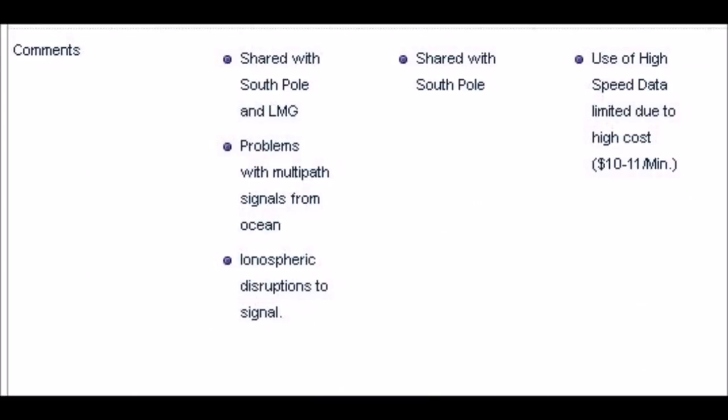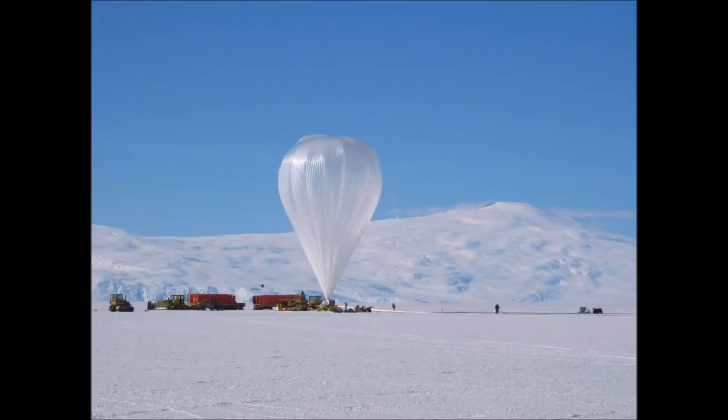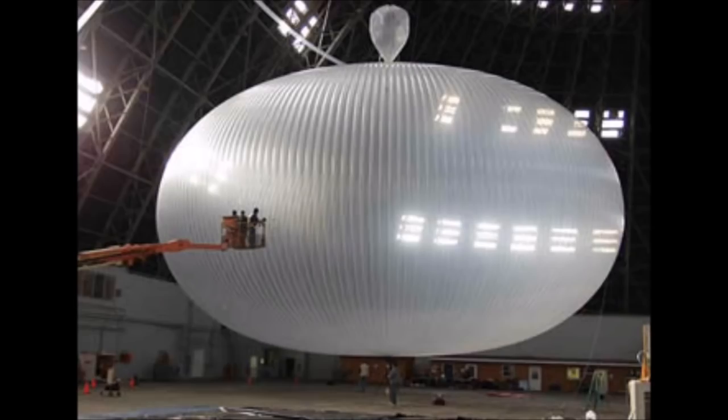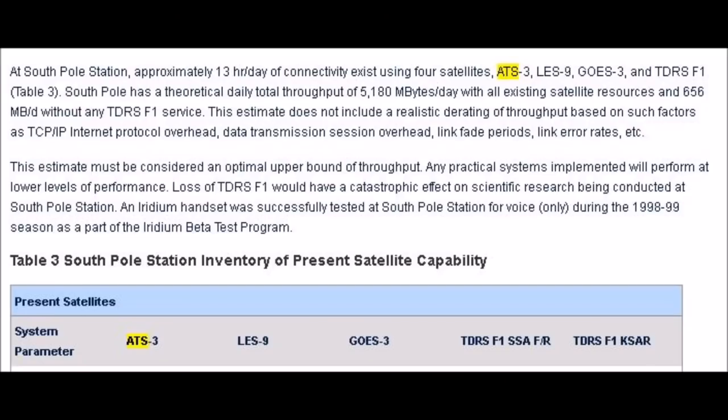Shared with South Pole and LMG, problems with multipath signals from the ocean, and the ionospheric disruptions to signal. Yeah, to the balloon, I guess. You're talking about the balloons you launch all the time. That is horrible. At the South Pole Station, approximately 13 hours a day of connectivity exists using 4 satellites. The ATS-3 is one, blah, blah, blah.